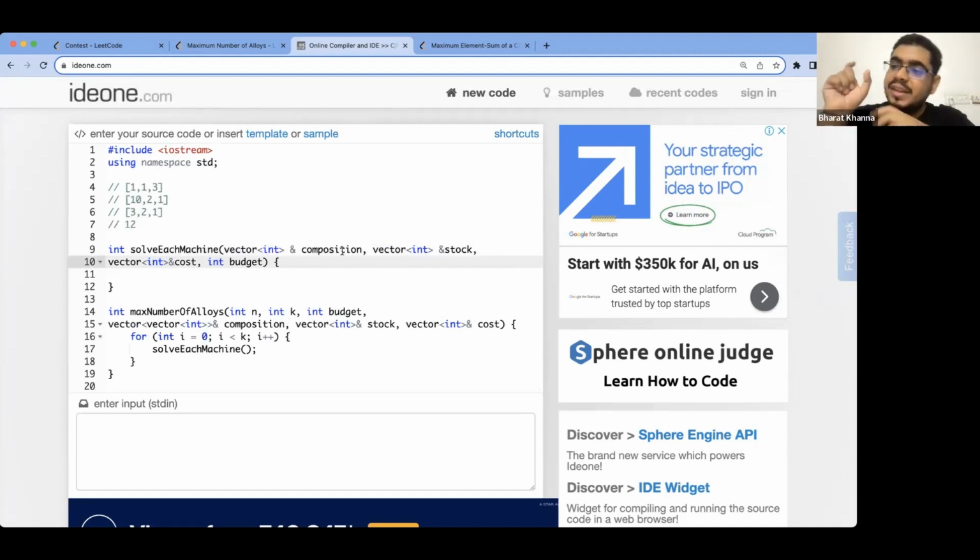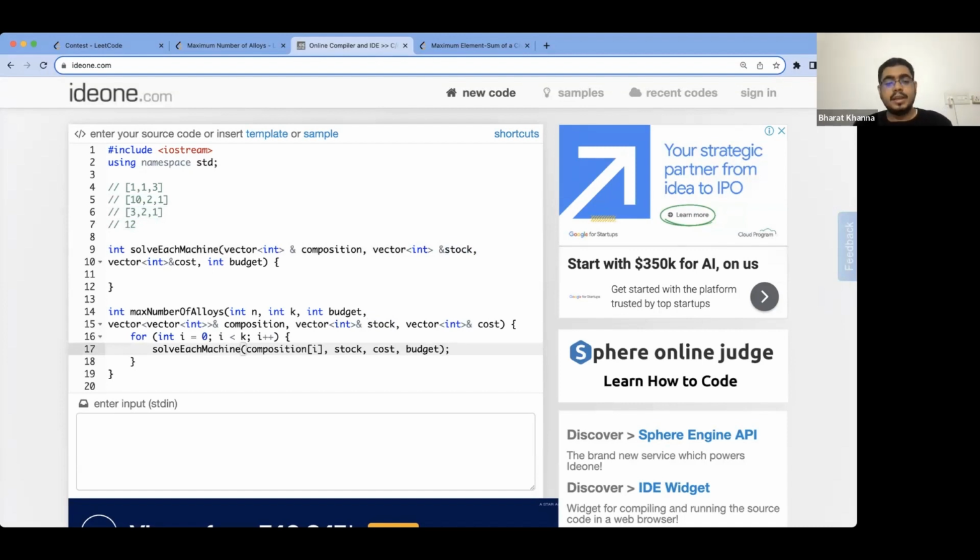To solve for any single machine, I need the composition of metals for that machine, which is this single composition, stock of that particular machine, cost, and budget. And I can pass it directly here. So composition of i, stock, cost, and budget. ठीक है, तो इससे क्या हुआ?